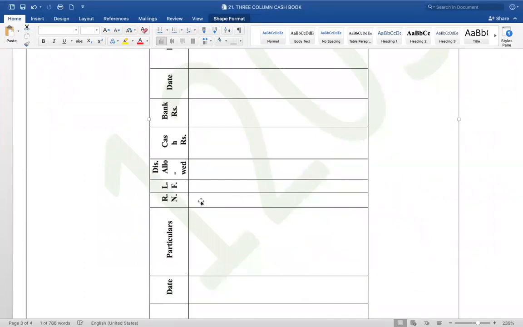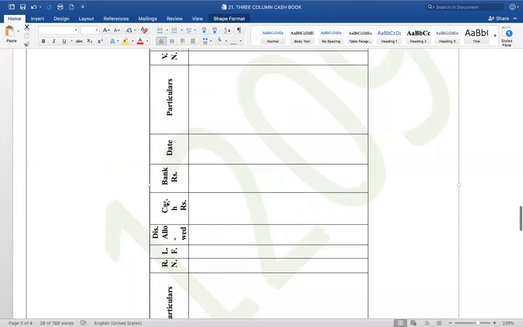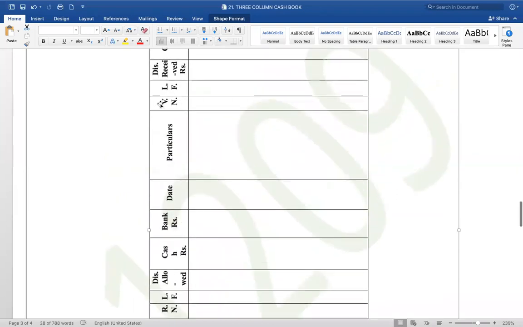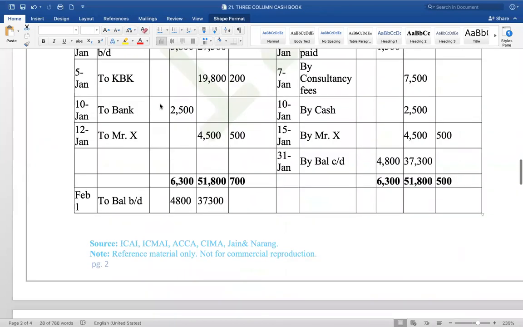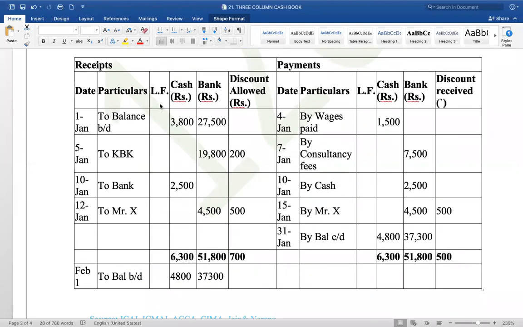You see this receipt number and this voucher number. These two columns I have deleted so that I could accommodate the columns. There is a receipt column and a voucher column just before the ledger folio column.